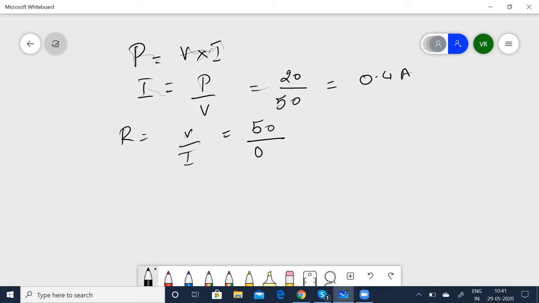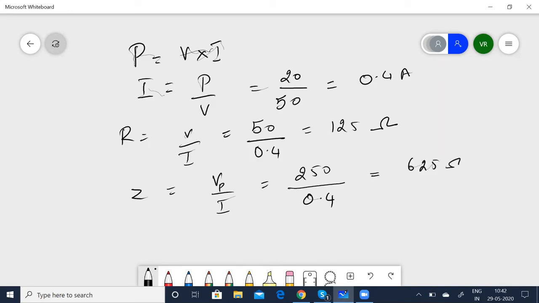You have calculated I to be 0.4, which is equal to 125 ohms. So now we know I, we know R. So Z is equal to the V power supply by I, which is equal to 250 volts, the power supply.